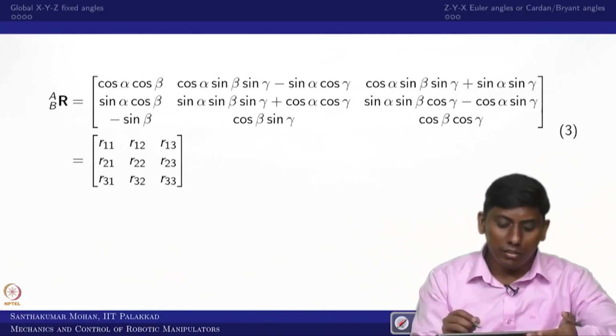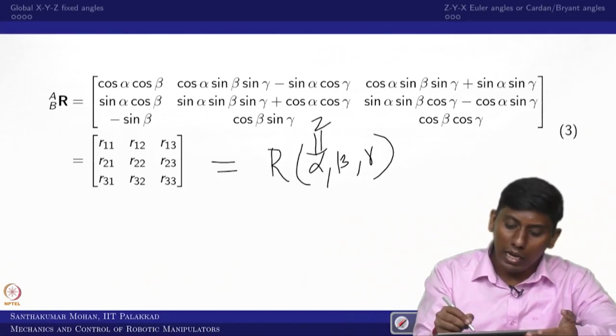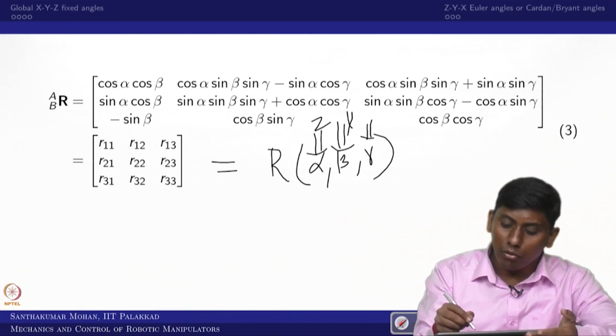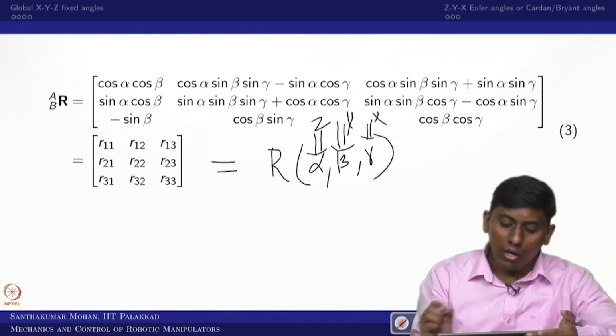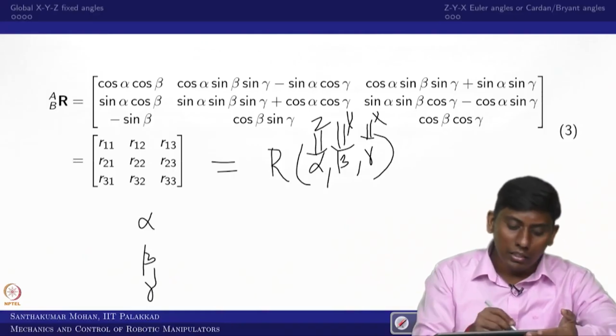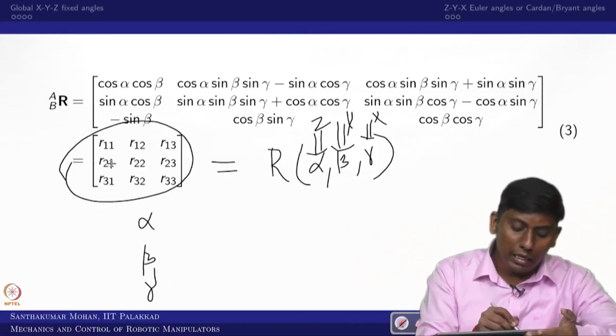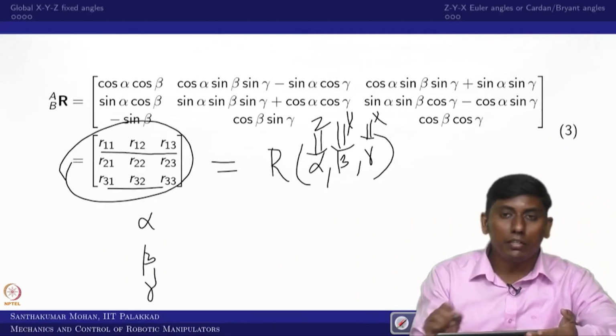This is equivalent to R of alpha, beta, gamma, where alpha is the rotation about the z axis, beta is the rotation about the y axis, and gamma is the rotation about the x axis. I want to find alpha, beta and gamma if I know this final matrix. Can I find them?